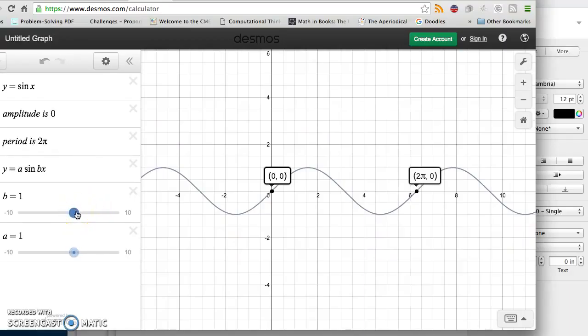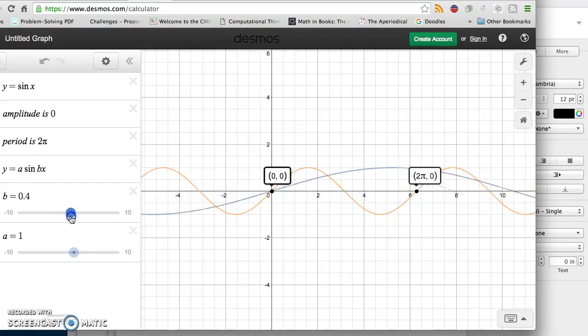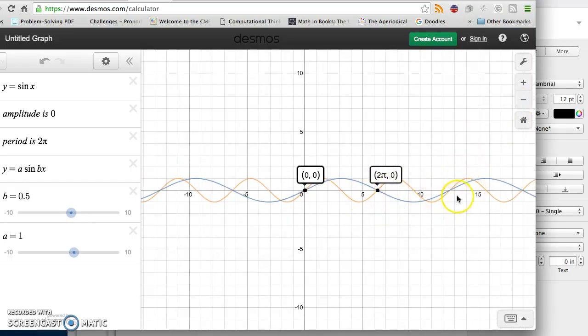When b gets bigger, the period gets smaller, and there's an exact correlation. If b doubles, the period is 1/2 of what it was before. If b shrinks by 1/2, then the period is double what it was before.